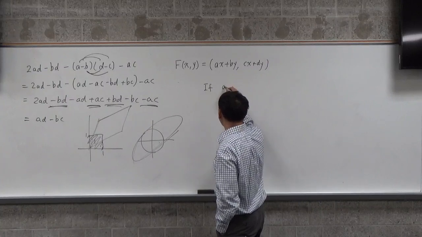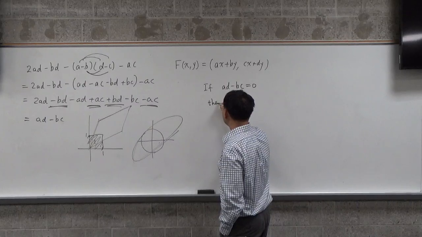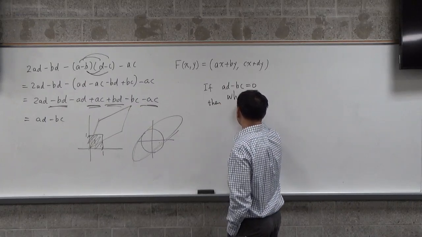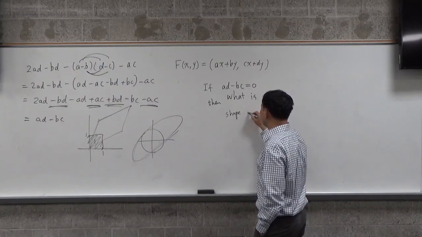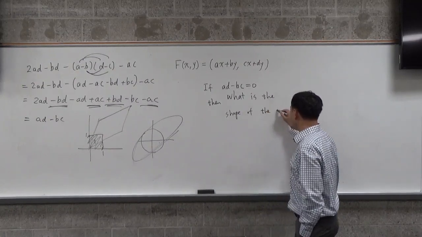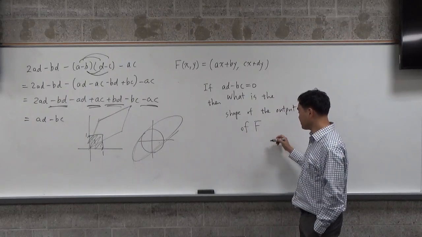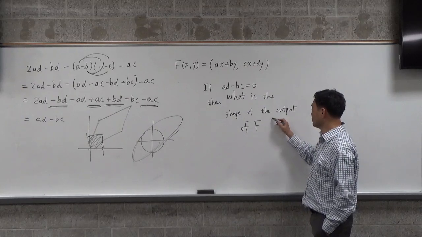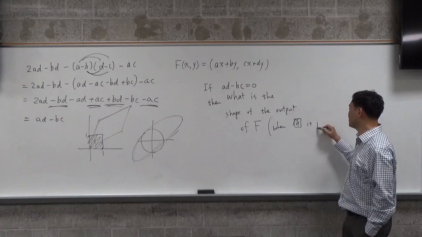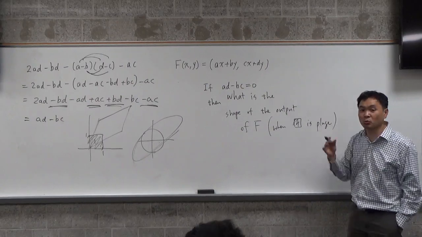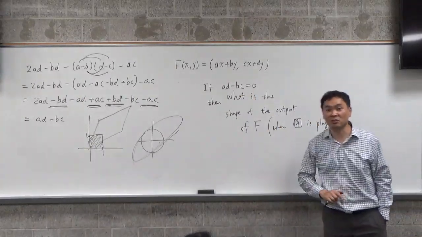If AD minus BC is 0, then what is the shape of the output of F when this is plugged in? What's the image of the square when you apply F if AD minus BC is 0?